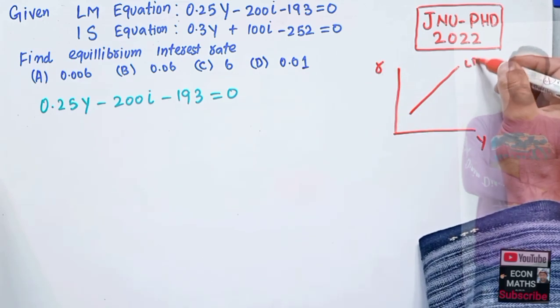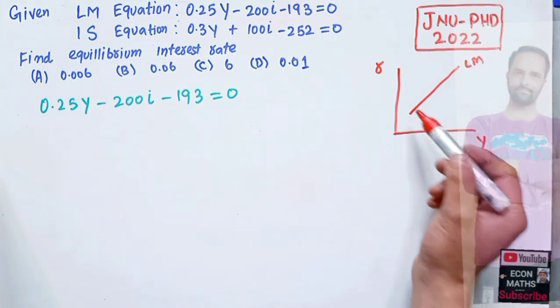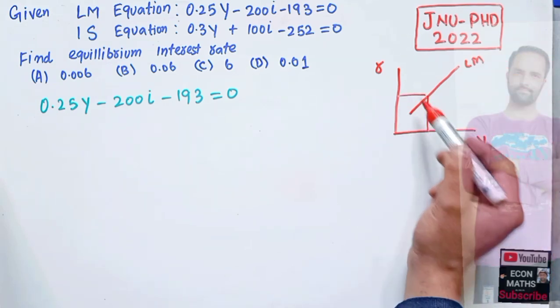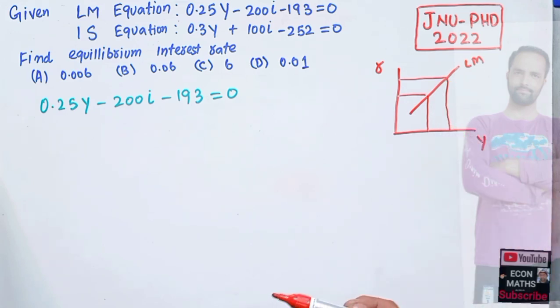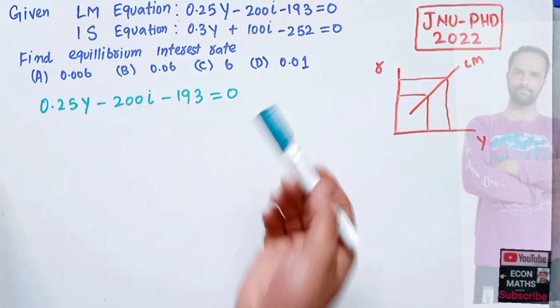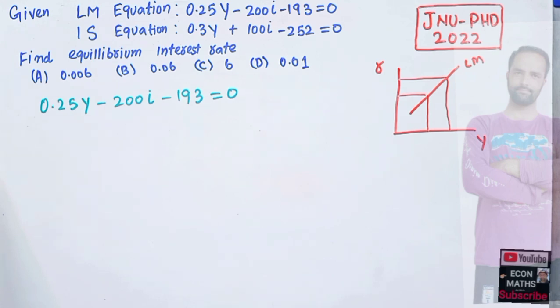It shows us the different combinations of rate of interest and level of income where demand for money is equal to supply of money. So this is an upward sloping curve, and if we solve it for y, it will become plus i here. If I transpose this 200i, there will be a positive relationship.